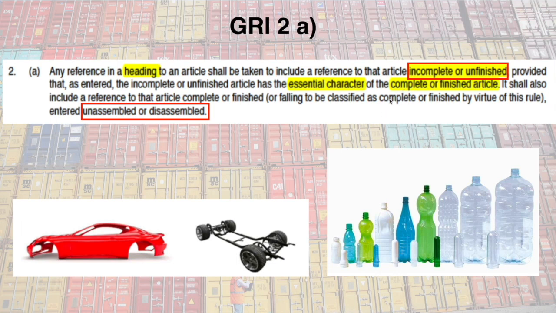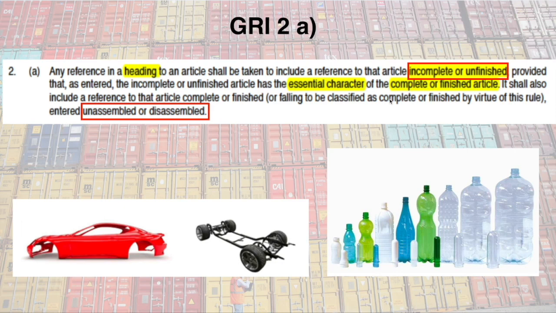The principle by which incomplete or unfinished articles are classified with the complete or finished ones is a consequence of an essential condition. Such articles, incomplete or unfinished, must present the essential characteristic of complete or finished articles. What determines the essential character of a product varies based on the type of product. It is a problem that has to be solved on a case by case basis.